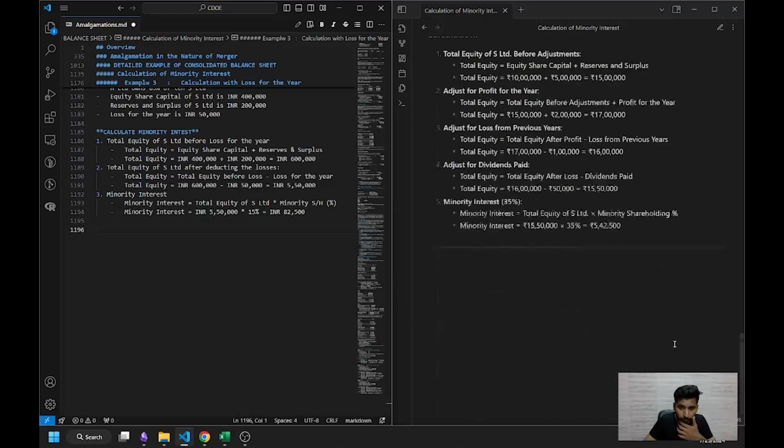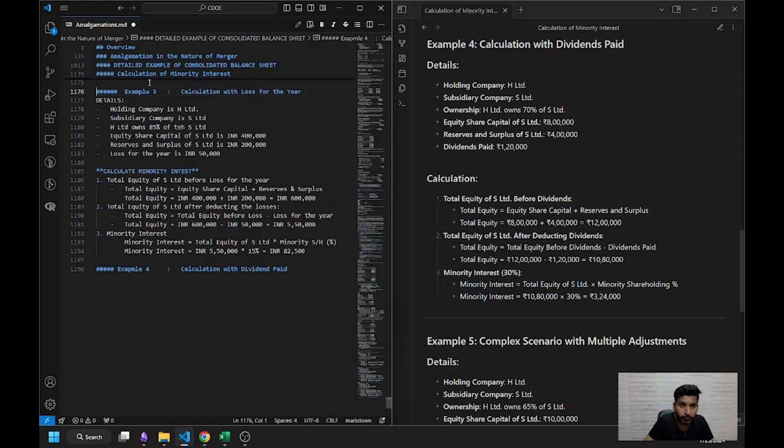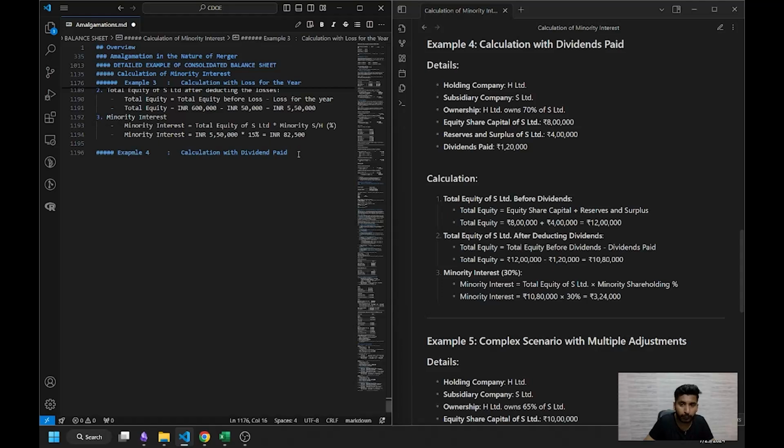Now, let us move with example number 4. Calculation with dividend paid. How will we calculate it if there is dividend? Again, the scenario is going to be the same.